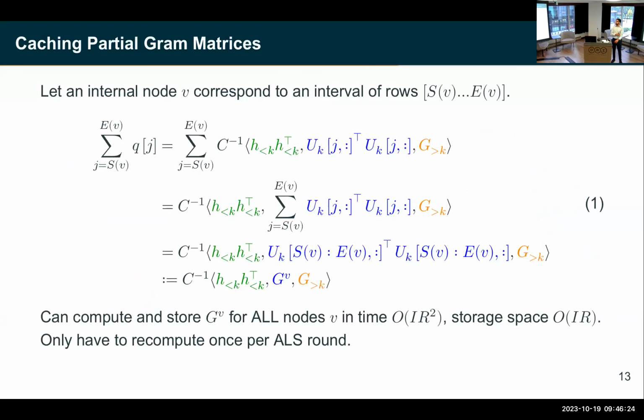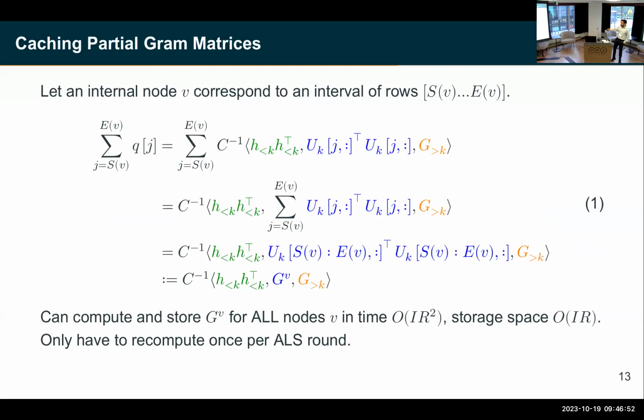Let some internal node B correspond to some interval of rows that I'll call S(B) to E(B). If I take the sum of the elements of this Q vector for j ranging from S(B) to E(B), that sum goes straight into this generalized inner product, which is completely linear. And then I get a matrix that is a sum over a row subblock of each matrix, U_k for k ranging from S(B) to E(B), transpose times itself.